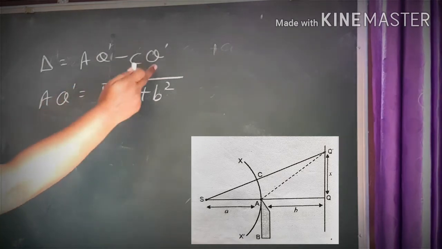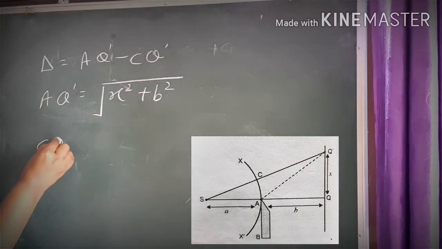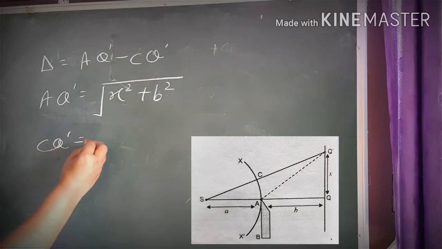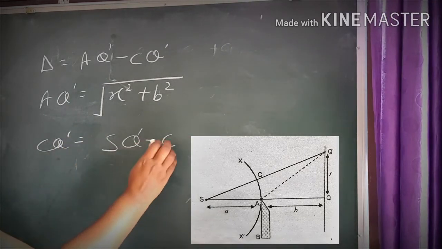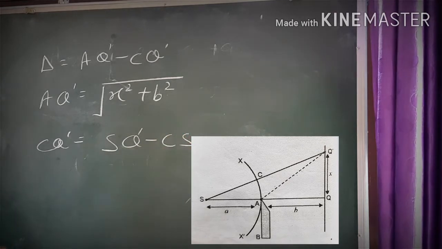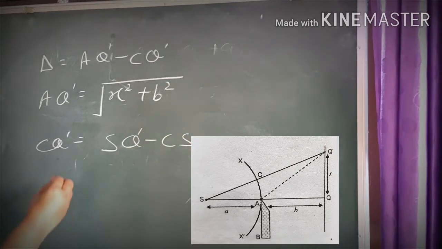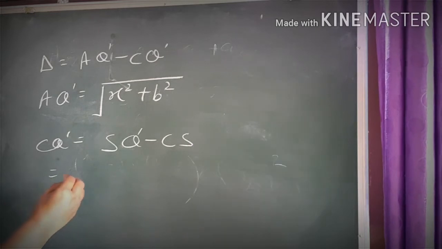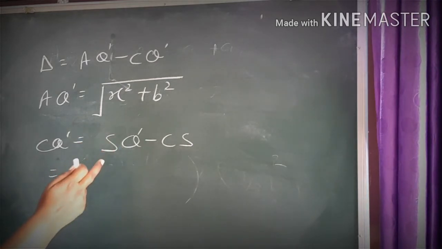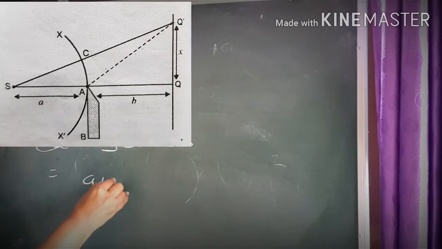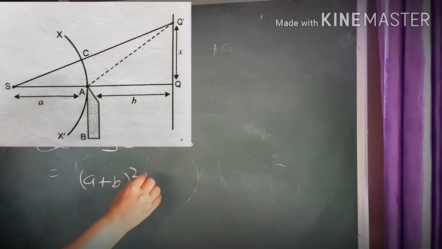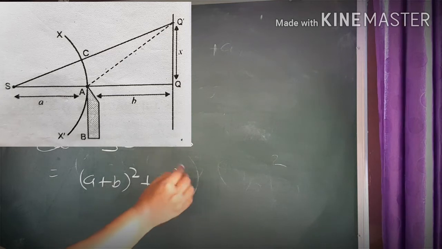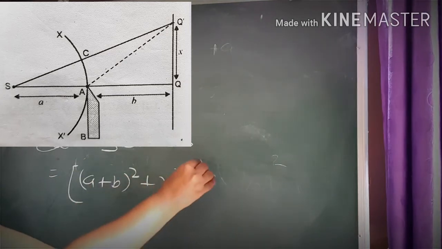And CQ dash is equal to SQ dash minus SC. And we have SQ dash is equal to a plus b whole square plus x square raised to power 1 by 2.